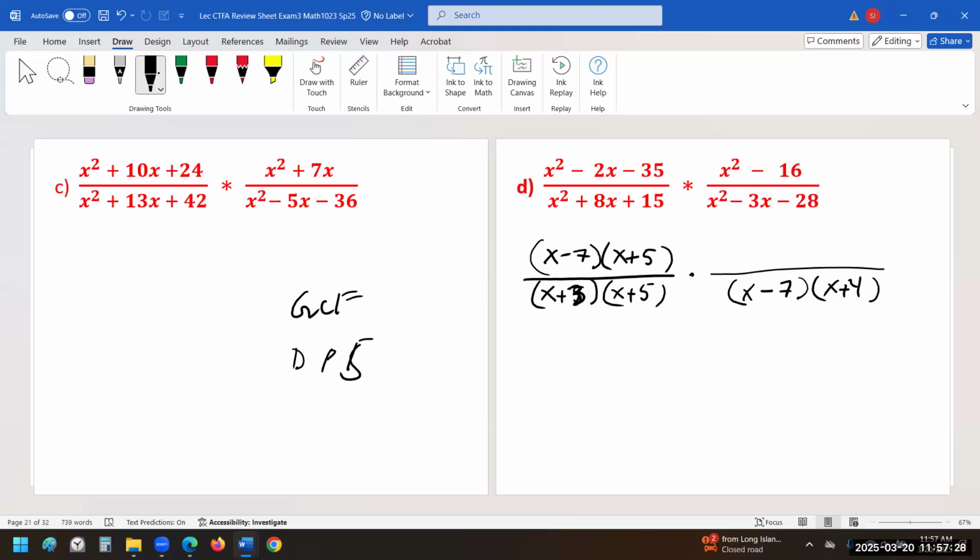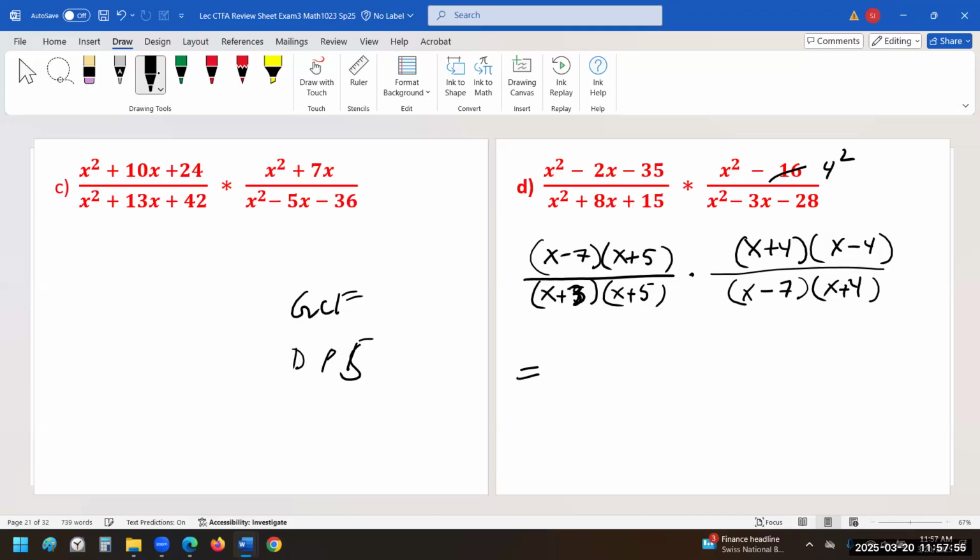Which one? X squared minus 16. Is it a GCF or difference of perfect squares? Perfect squares. That means we are going to get 2 factors. What are the 2 factors? X plus 4 and x minus 4, because our 16 is 4 squared. So you take your bases, add them, subtract them.